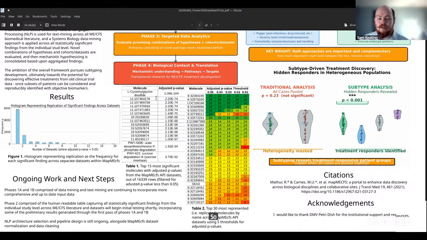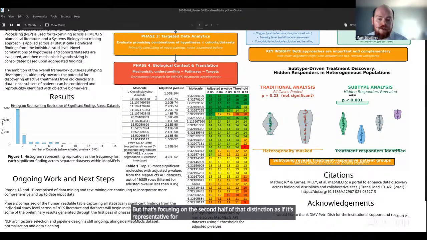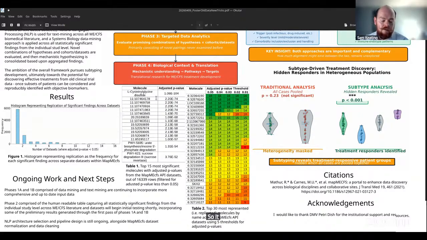So there's this fear that replication is a waste of time, but that's focusing on the second half of that distinction as if it's represented for the whole thing. So it's scary and not novel or insightful or innovative enough to set out to replicate an existing study. But that's assuming that you're going to take the exact same approaches and duplicate effort.